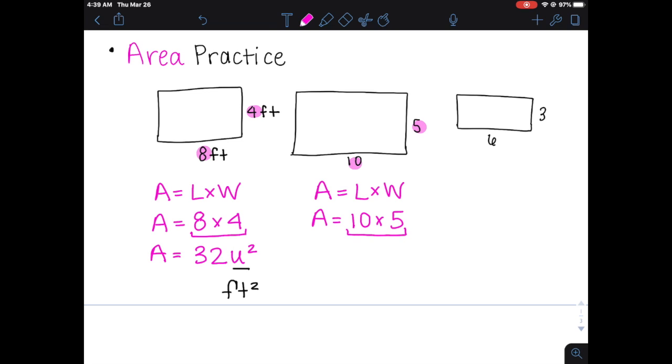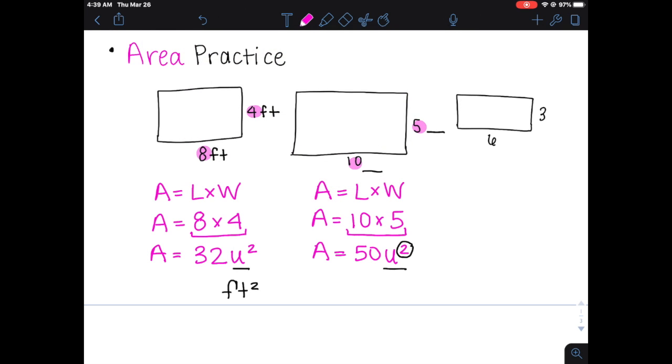We need to simplify this part of our equation. So A equals 10 times 5 is 50. And again, it would be units squared. We don't have units after these numbers, so when that's the case, that's when we use the general term of units, which is U squared, which is the exponent of 2.